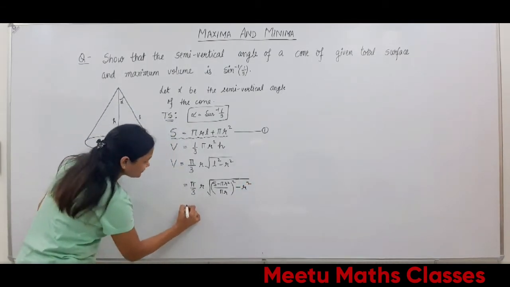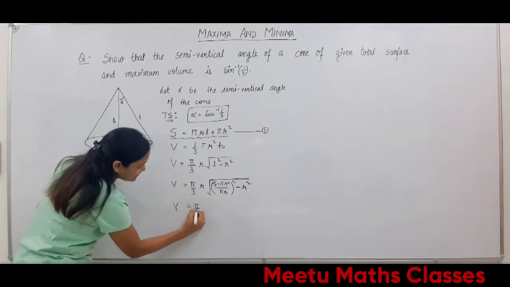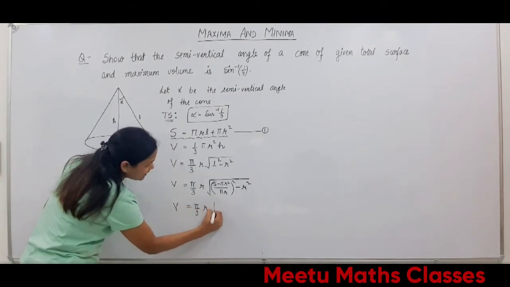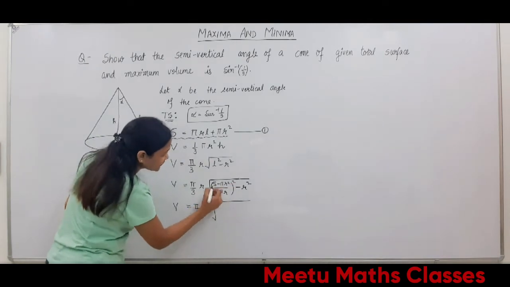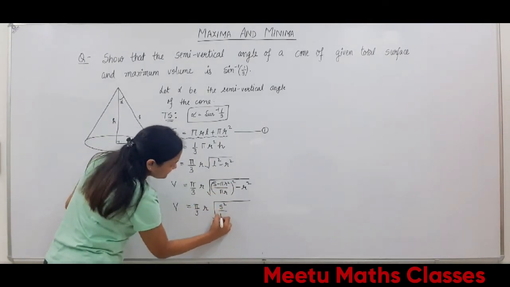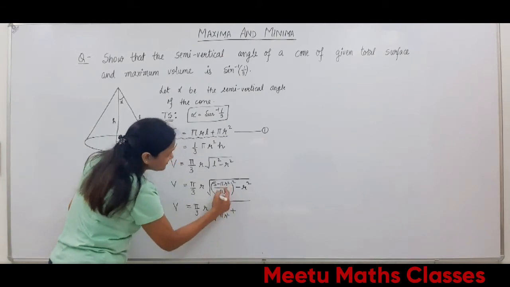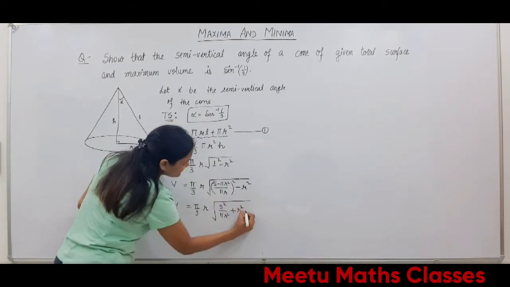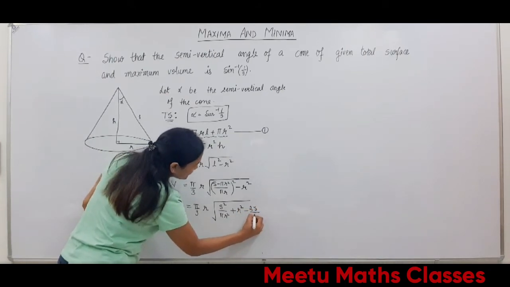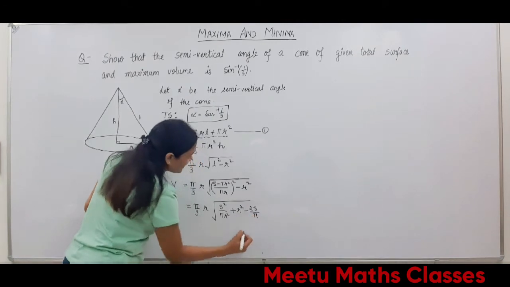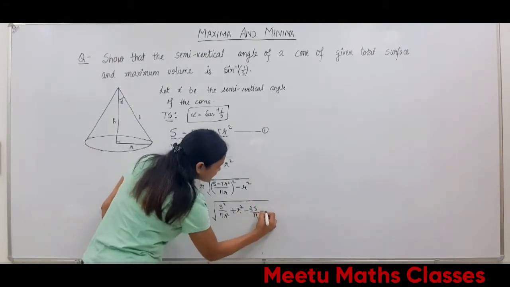Now V will become a function, pi by 3 r, and this can be written as a minus b whole square, so a square plus b square, where b is r, minus 2s upon pi, minus r square.